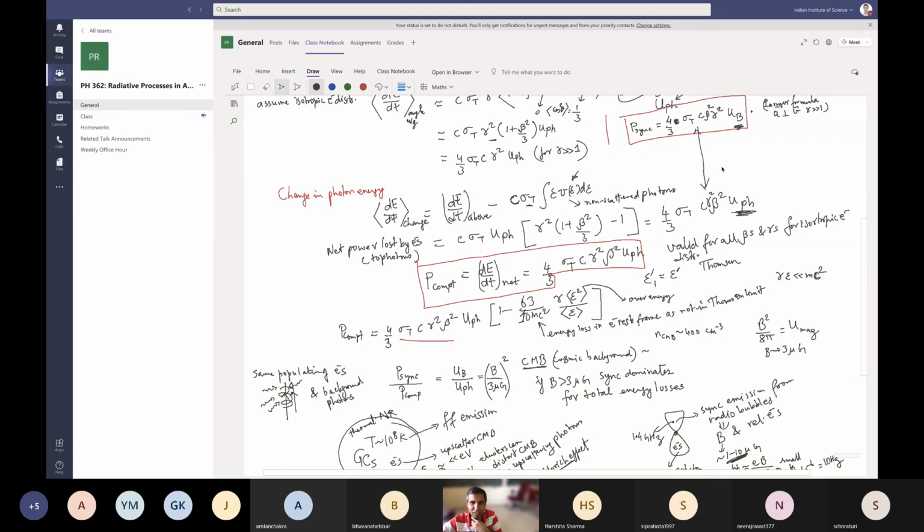We will not do the whole rigorous derivation of the inverse Compton spectrum, but I will motivate it and then write the final formula. So I suggest you read the book a little bit to get up to speed on this topic.